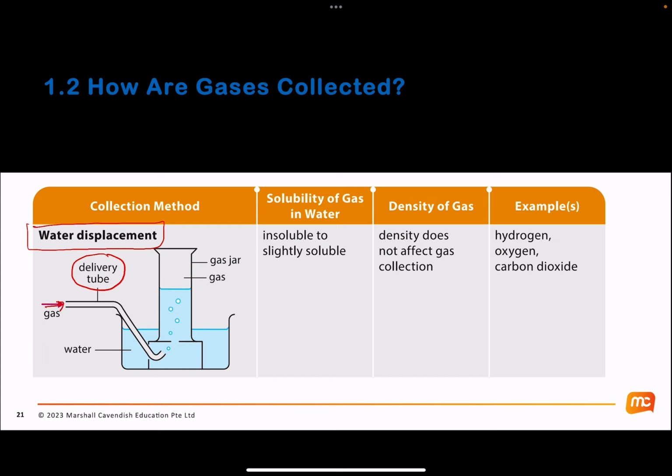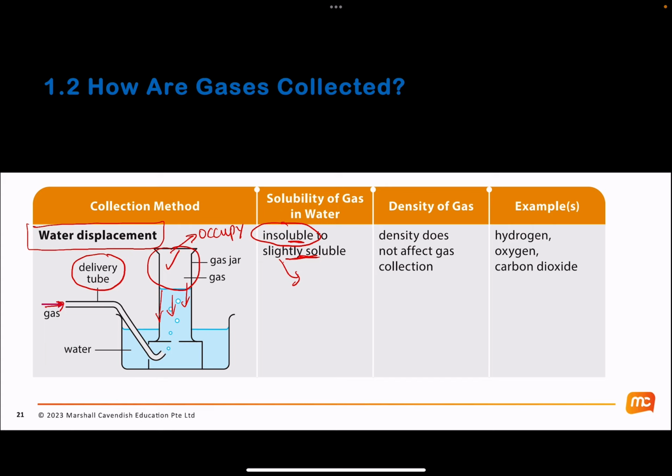So it is suitable for insoluble gases or only very slightly soluble gases. They dissolve very little, but most of it remains insoluble, so you can still use this method to collect. Just a word of caution: if the gas is slightly soluble in water, you will not expect the total volume of gas collected to be equal to the volume of gas that enters the gas jar.